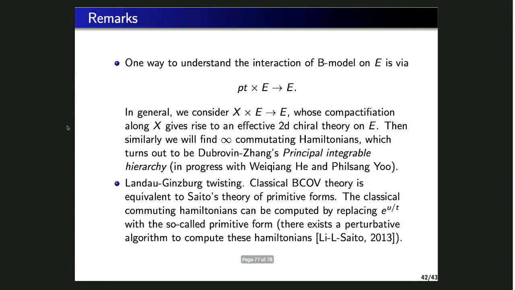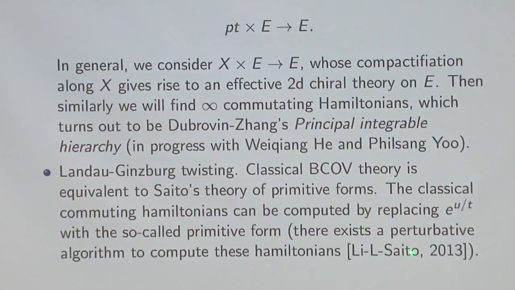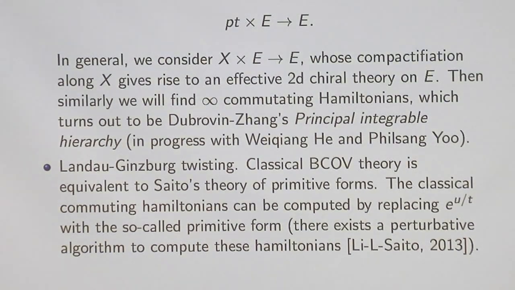Also, in the Landau-Ginzburg case, you can do the same construction. You can put a BCOA theory on the Landau-Ginzburg case and do this twisting. It turns out that the classical BCOA theory is equivalent to Saito's theory of the primitive form. And then the classical Hamiltonians, like I explained in the beginning, are the same thing, but replacing this function by the so-called primitive form.